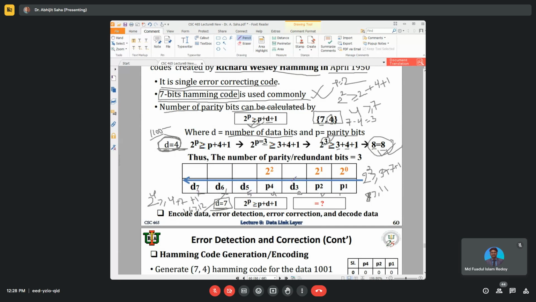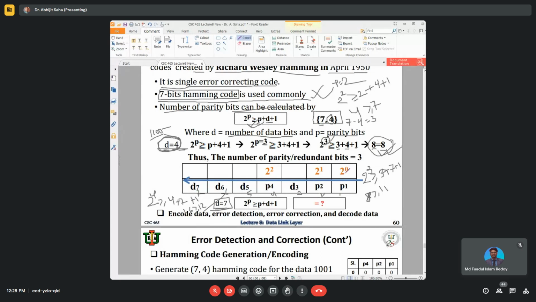So I have made 7 blocks, 7 boxes. Now the question is, where are we going to place those 3 parity bits? We said that for sending the 4 bits of data, we need 3 parity bits. So where are those parity bits going to be placed? What is the method to place the parity bits?